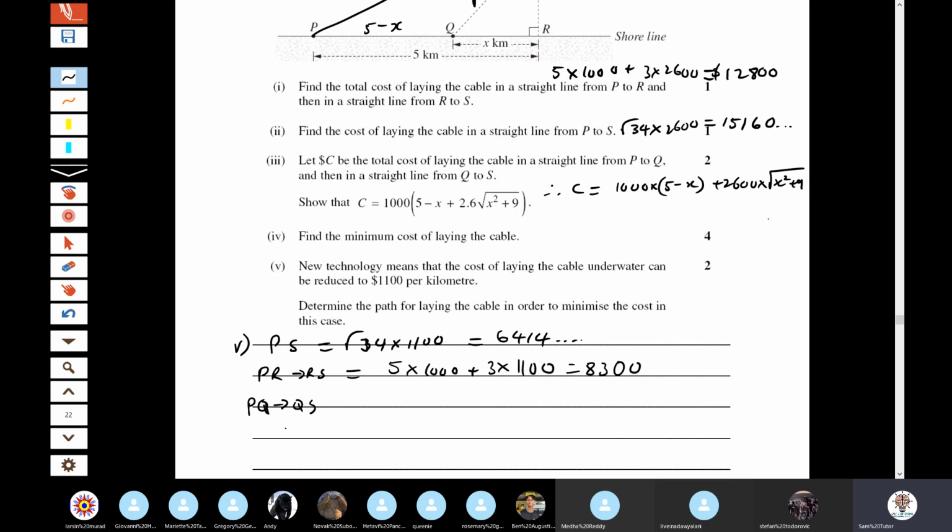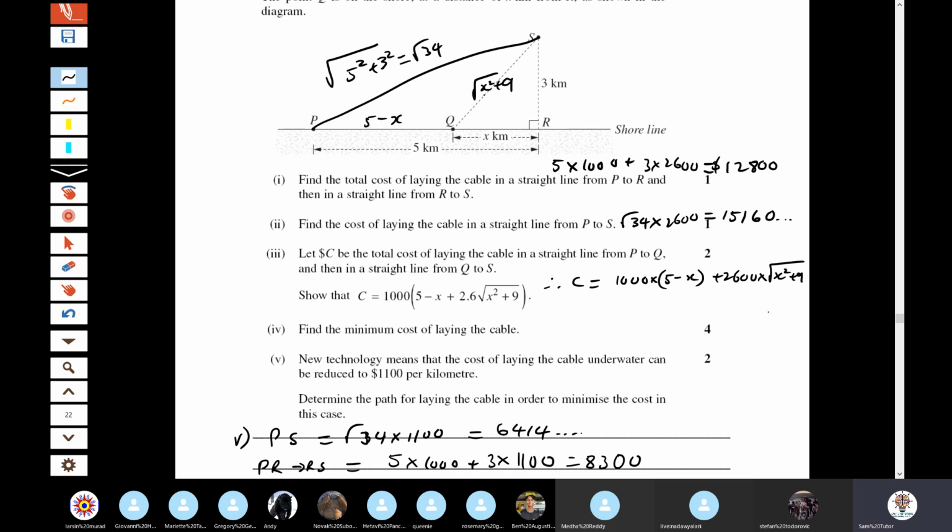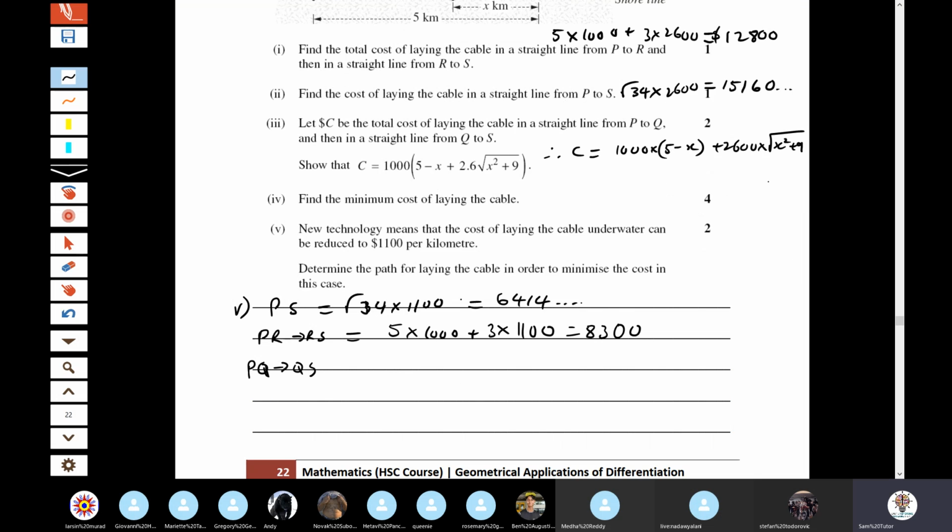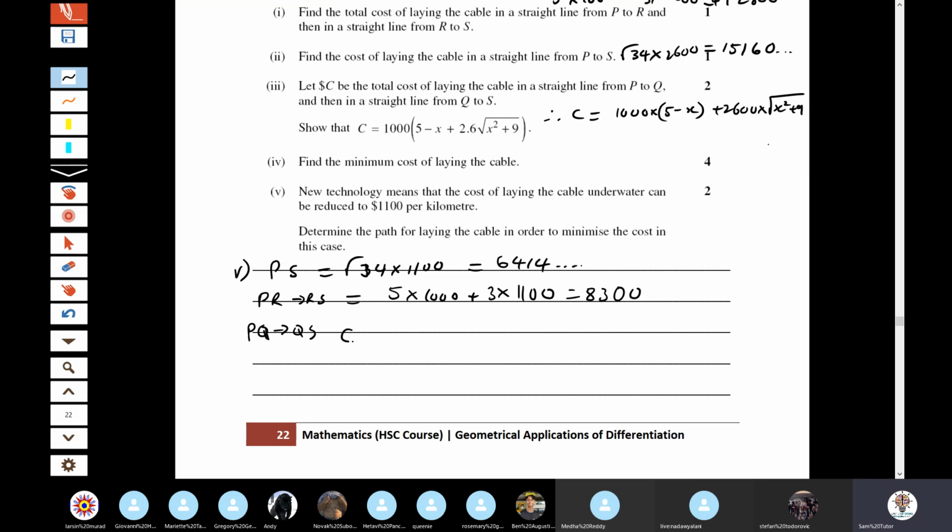Ready? P to Q doesn't change. Q to S doesn't change. It's just that instead of it being 2.6, it's 1.1. See, it's not that bad. All right, so cost is 5,000 minus 1,000x plus 1,100 square root of x squared plus 9.